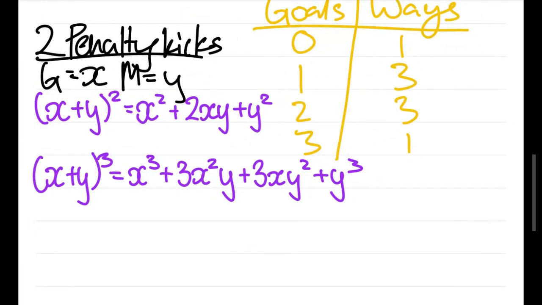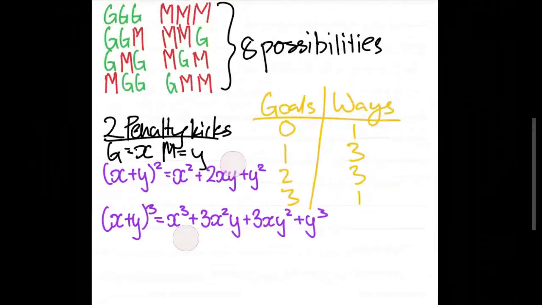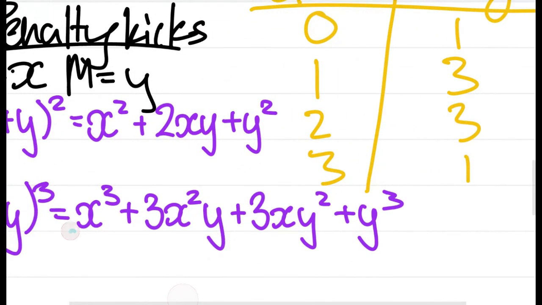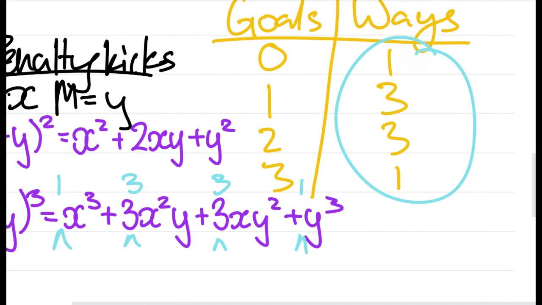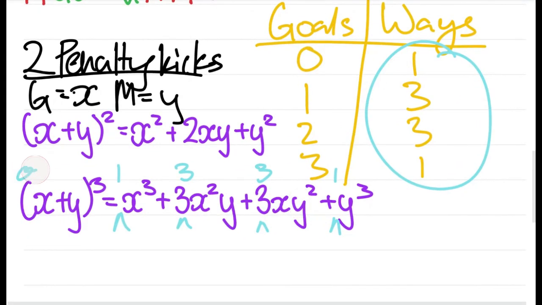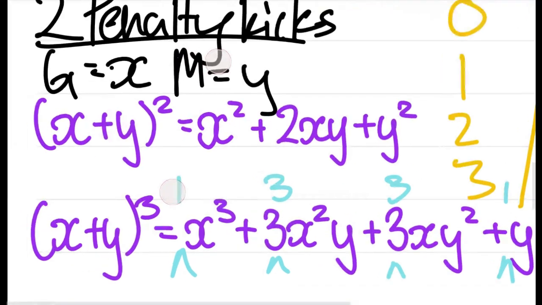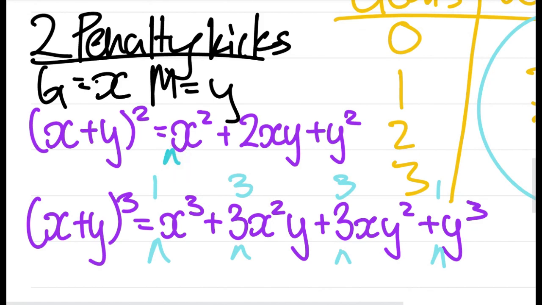Okay, the answer is actually quite simple. Comment down below if you notice the pattern first for me. Look at the coefficients of each term. Do you realize that this is 1, this is 3, this is 3, and this is 1? Just like our 3 penalty kicks. This is for 3 penalties, by the way. And for (x + y)^2, these are the coefficients 1, 2, and 1.